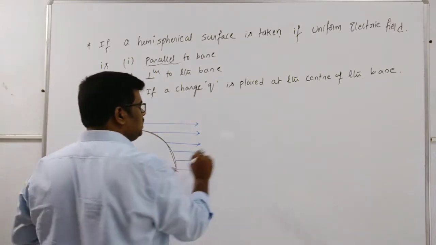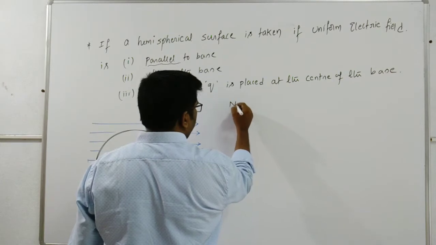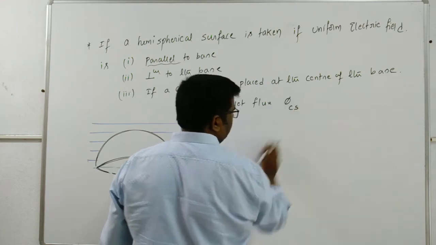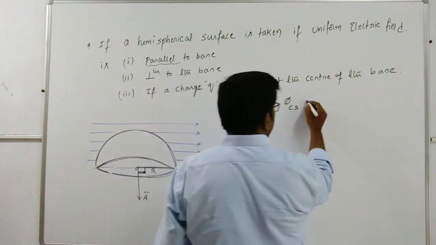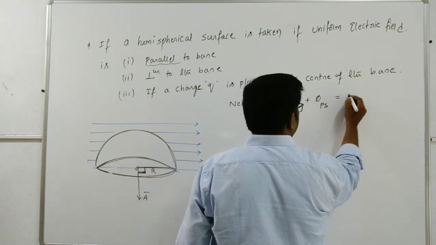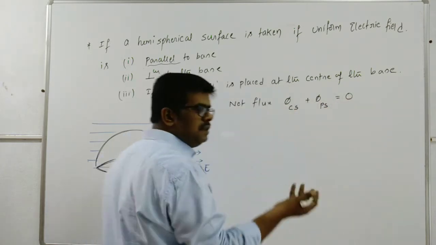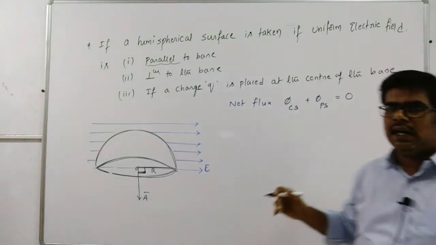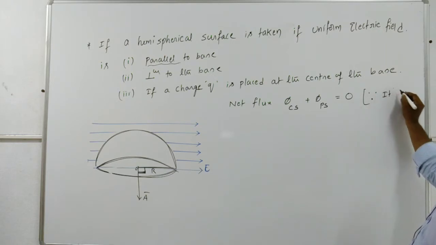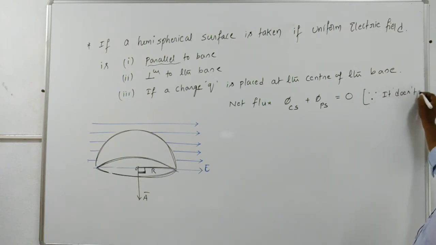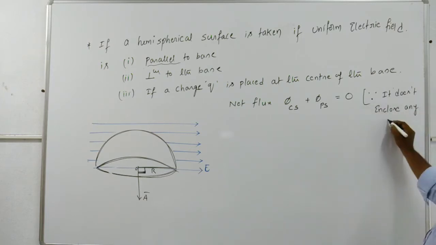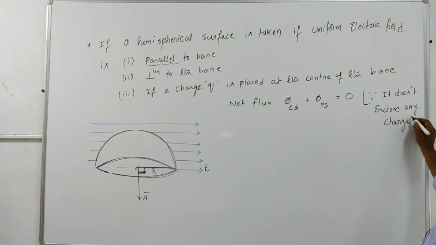So what can you write from this? The net flux, that is the flux through the curved surface plus the flux through the plane surface, the base, is equal to 0, since it does not enclose any charge.